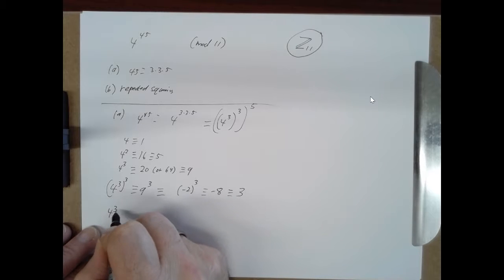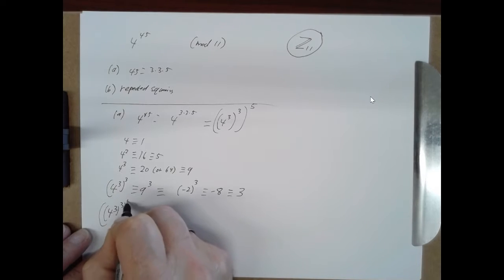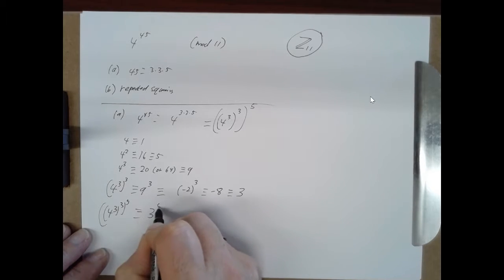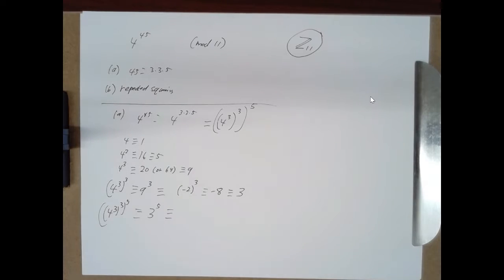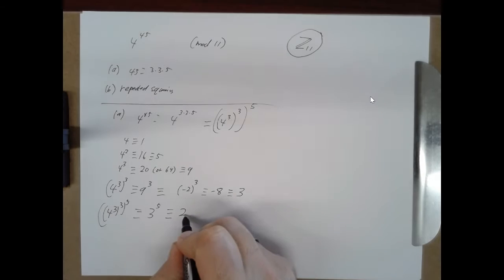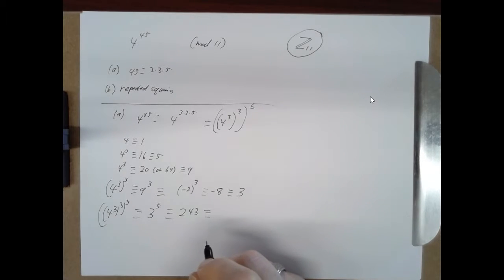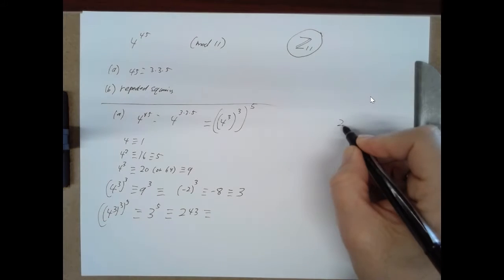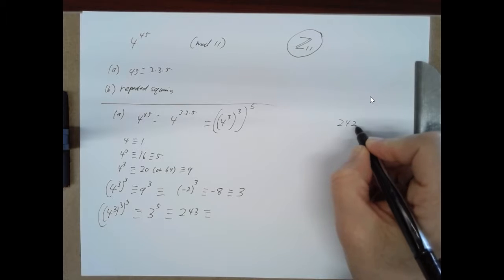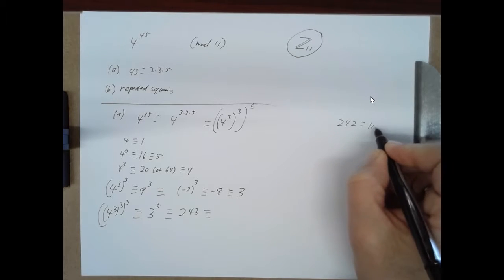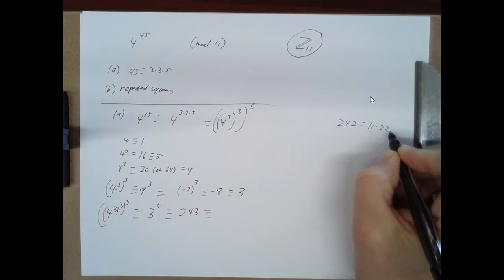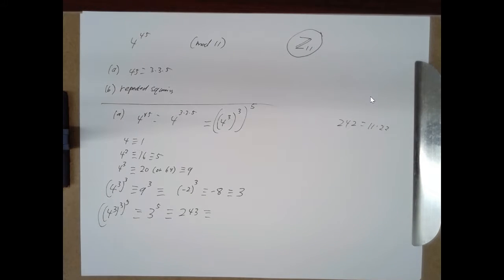And so 4 cubed to the 5th is congruent to 3 to the 5th, which is 3, 9, 27, 81, 243. And what's 243 divided by 11? I don't know. So 11 times 22 is 242, so this is congruent to 1.